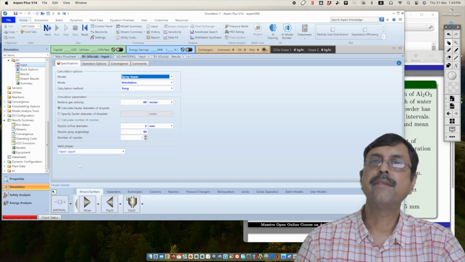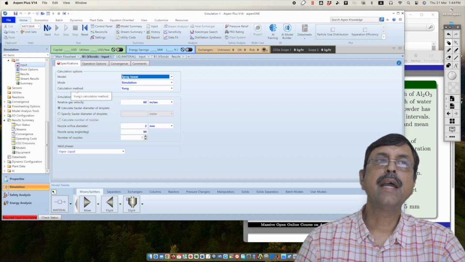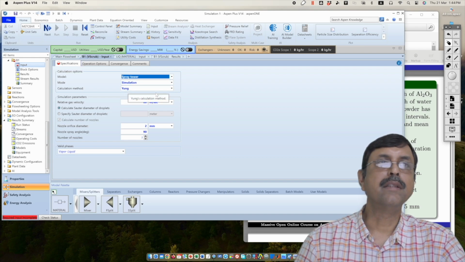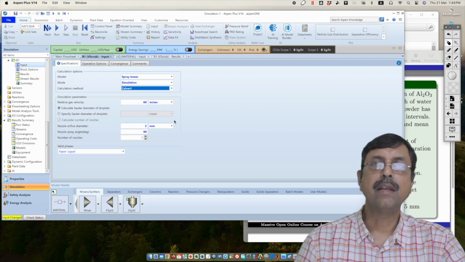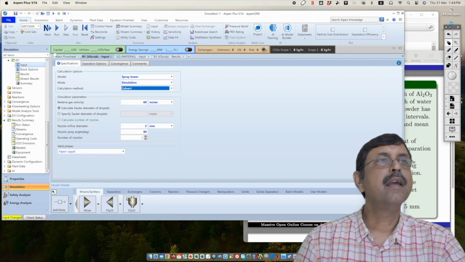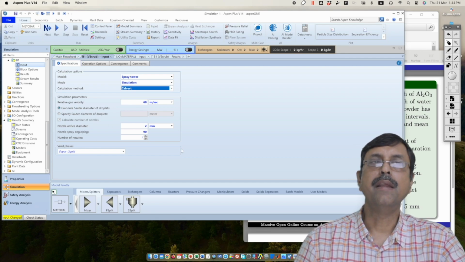So what is the reason? Reason is, you remember I told you that Young type calculation method is not applicable for spray tower. So we cannot use this Young type calculation method. Instead, we have to use Calvert type calculation method. Okay. The moment we choose Calvert, this input is complete.